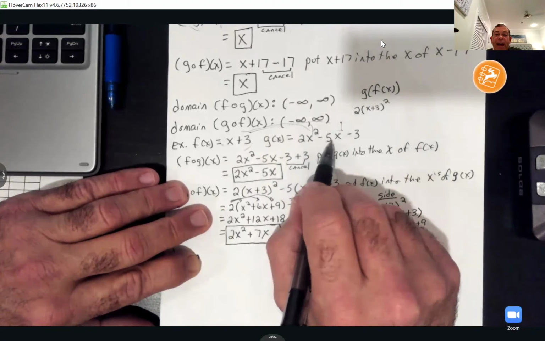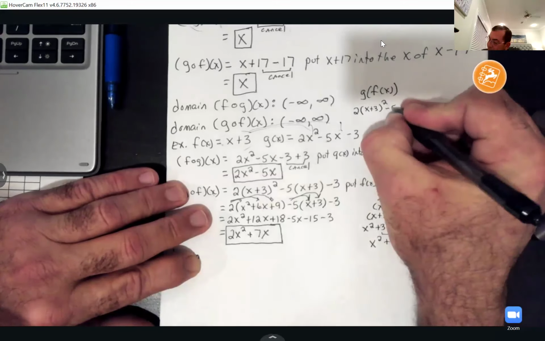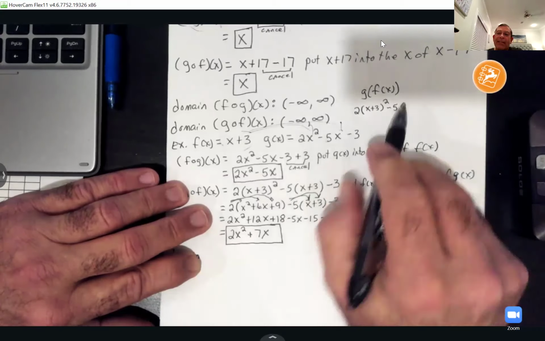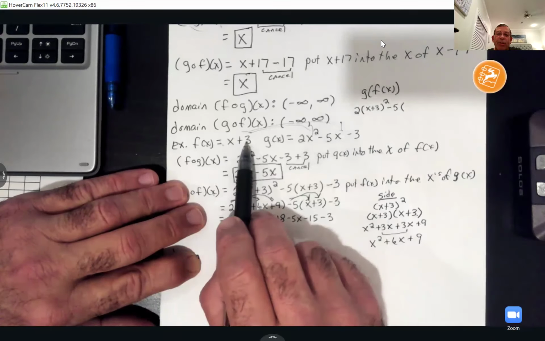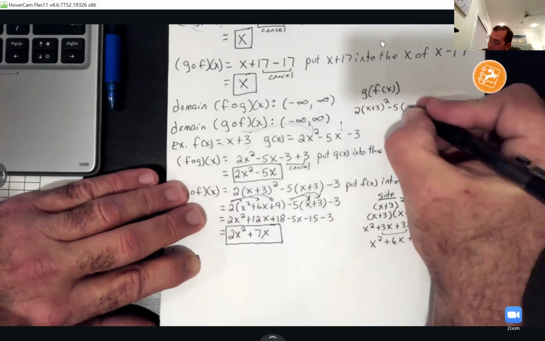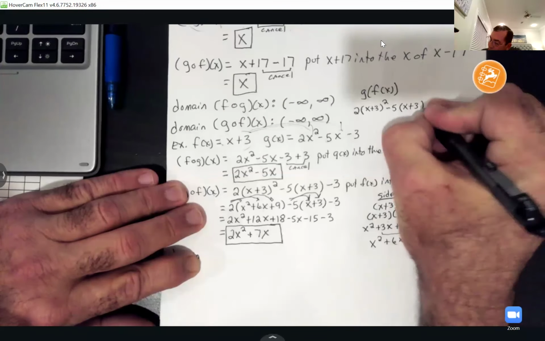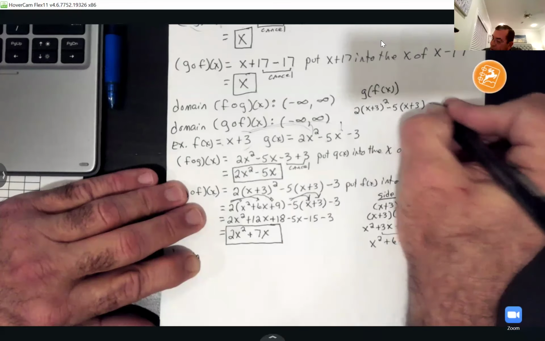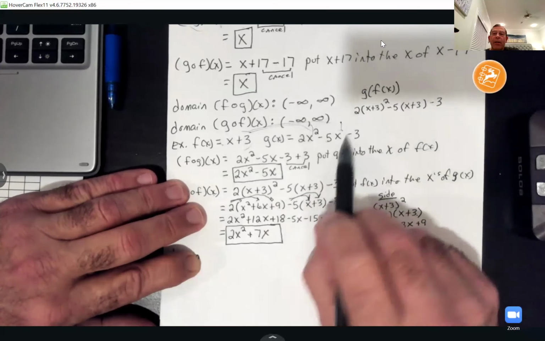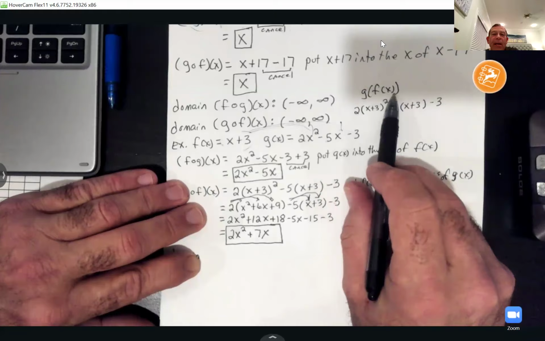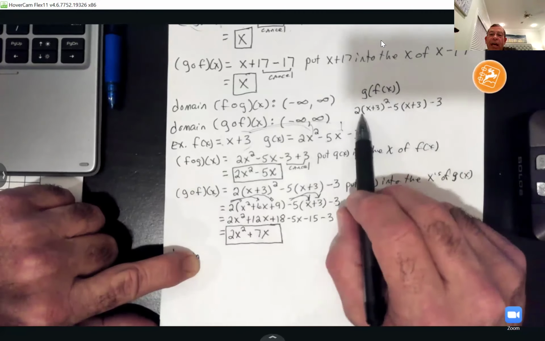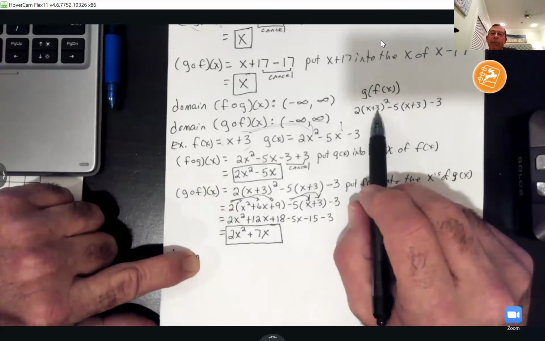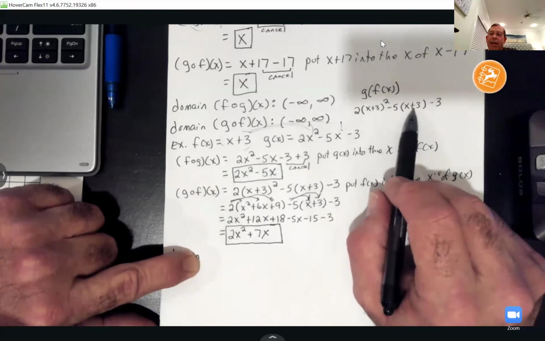Then I had minus 5 times X. Well, guess what? X is still the whole F of X function. So I now have to put in the X plus 3 for that X. And then at the end was my minus 3. So look, when you got G of F of X or G compose F of X, it looks like the G function, but it has the F function in for the X's.